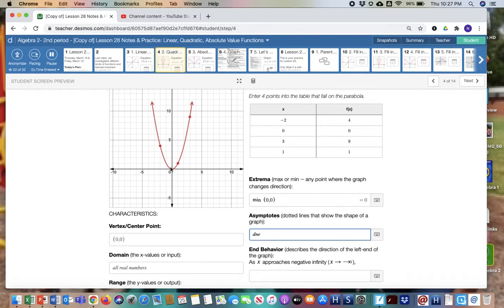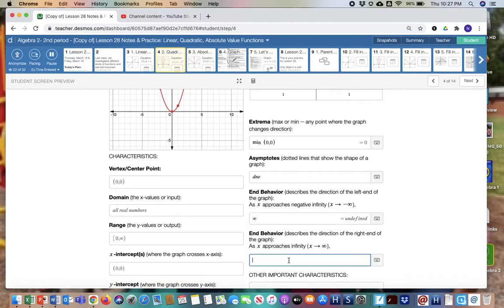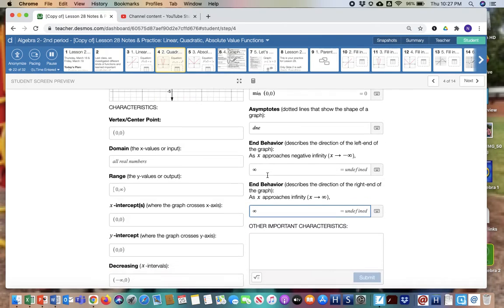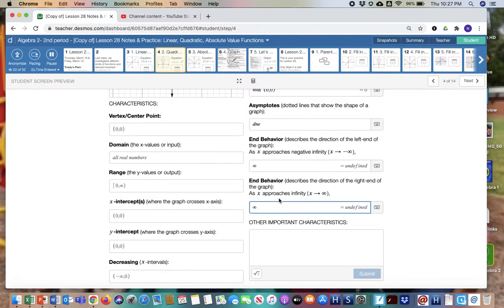So if we go left forever, we go up. So this should go to infinity. If we go to the right forever, we go up. So it goes to infinity. Okay? So again, left, up, right, up. Either way, we go up forever. So we'll go to infinity both ways.